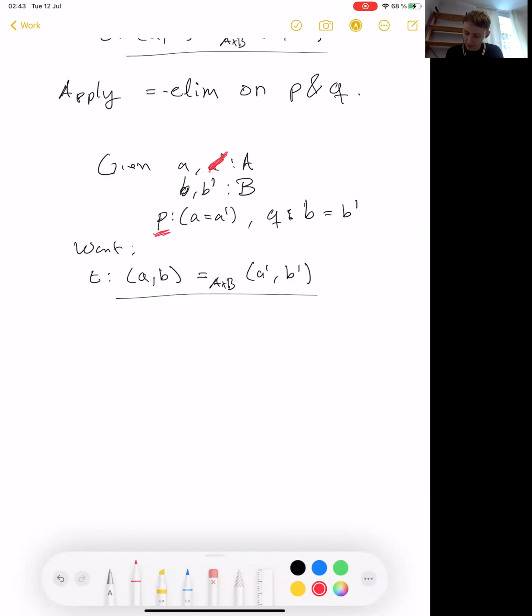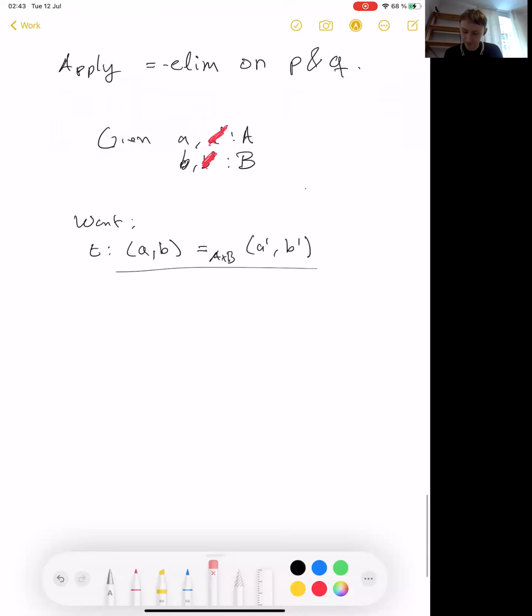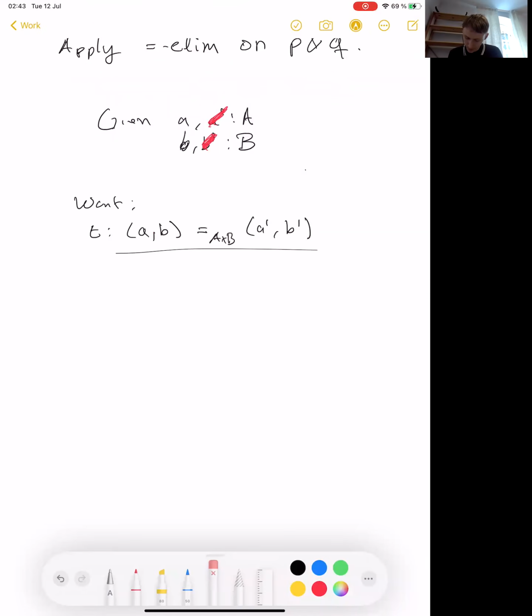And the same thing here with the path induction on Q, all the B primes are gone. So now we only have A and B in our context. And these two paths, P and Q, they're also gone. So let's just delete them because they both get replaced by REFL. So now our new goal is no longer this, it's this.